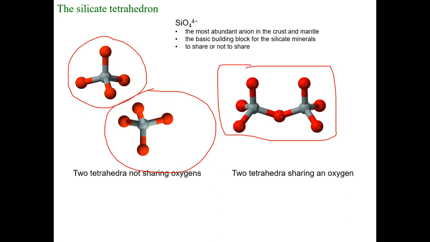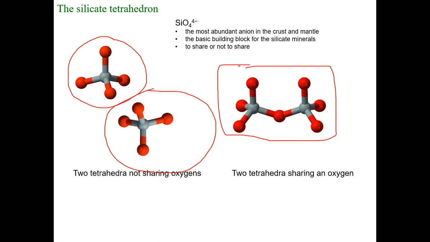And how they are linked, that degree of silicate interconnectedness, I hope you remember, is a very important property of different silicate minerals. It determines a lot of their physical properties. It determines how susceptible they are to erosion, how hard they are, all sorts of things.